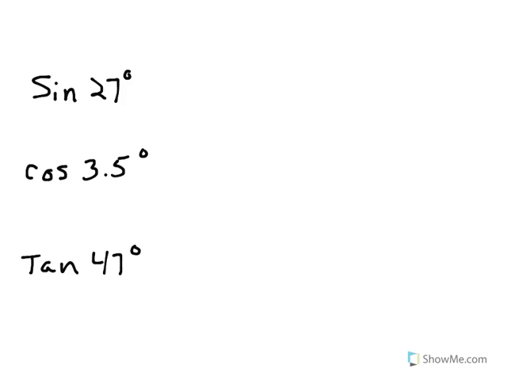Sometimes you will be asked to find simply the sine, cosine, or tangent of degree measures. We are looking for that long decimal value. Now here we don't have the ratio, the opposite side over the hypotenuse and so on. We have the actual measure of the angle. So for sine of 27 degrees on our calculator, we hit the sine key, and then we type in 27, you do not need the degree symbol, and hit equals.